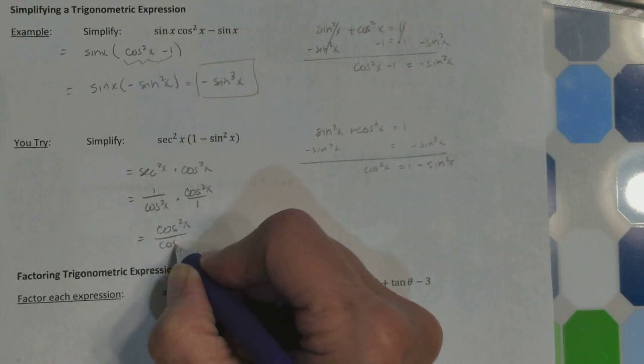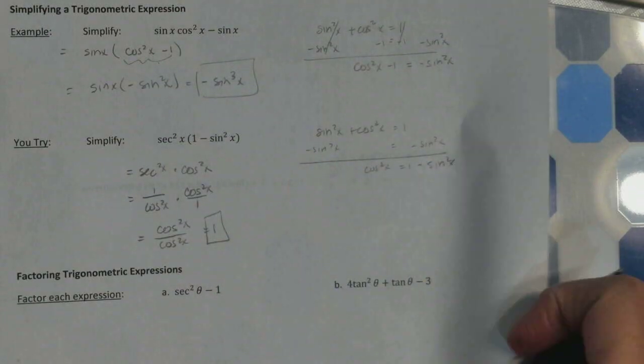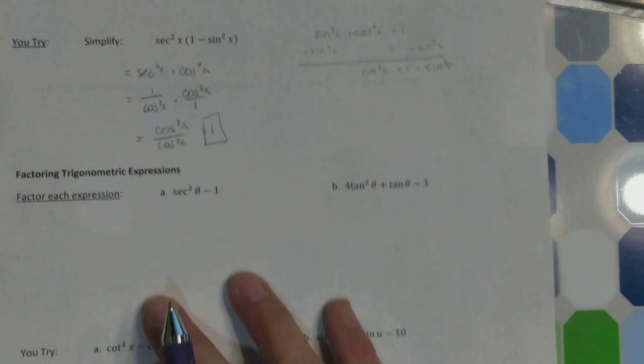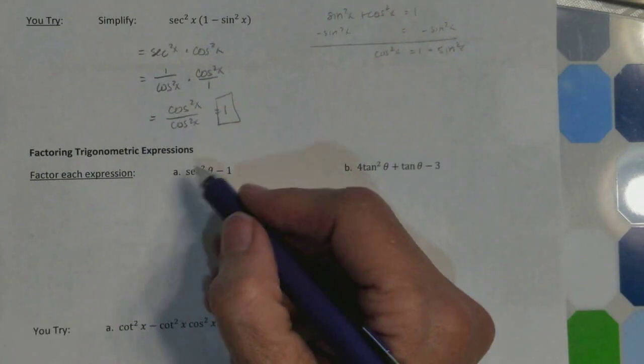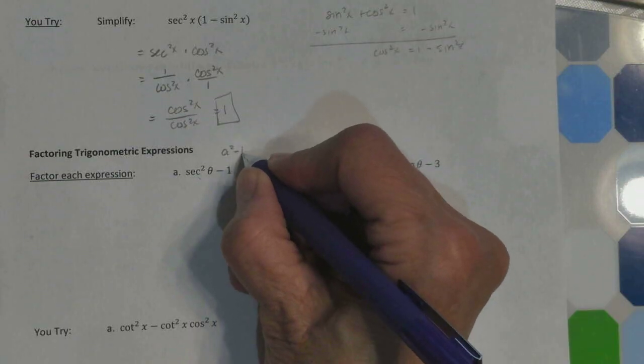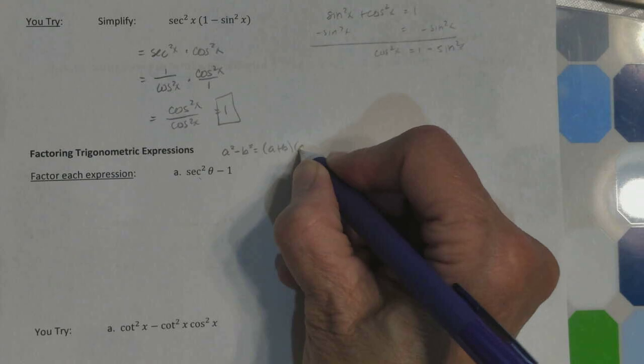So this is secant squared x times cosine squared x. Well, secant is the reciprocal of cosine, so I could rewrite this as 1 over cosine squared x times cosine squared x over 1, which is going to give me cosine squared x over cosine squared x, which is 1.